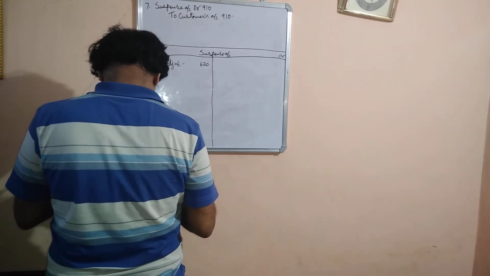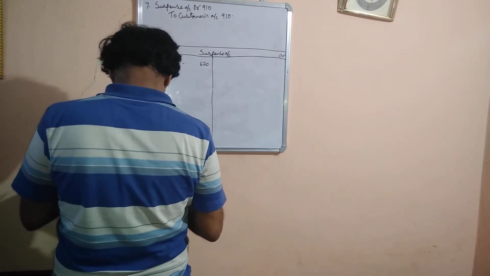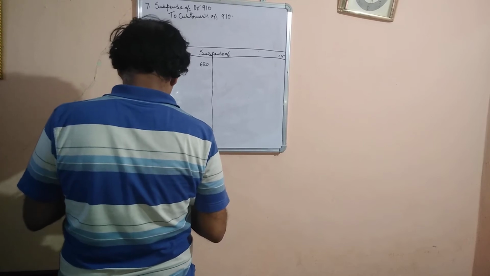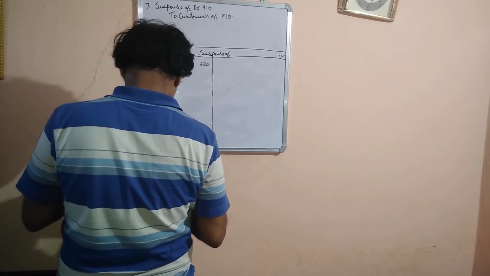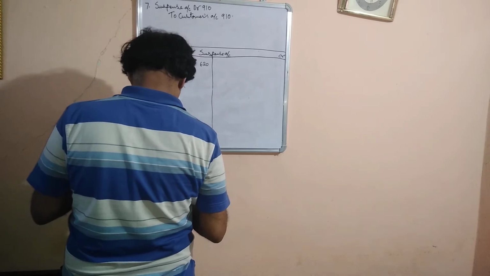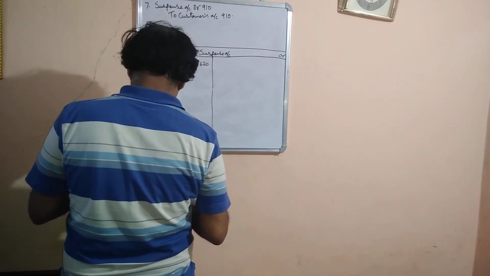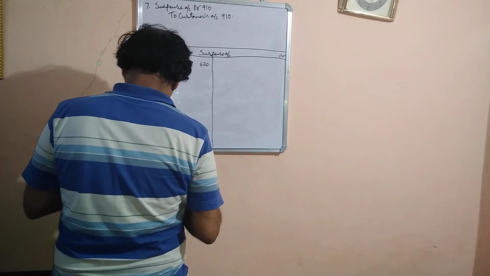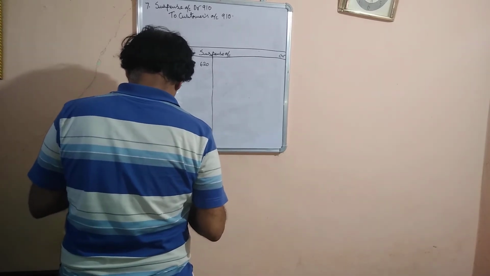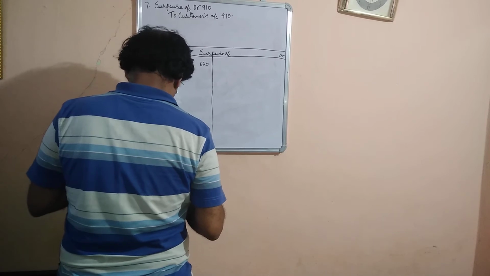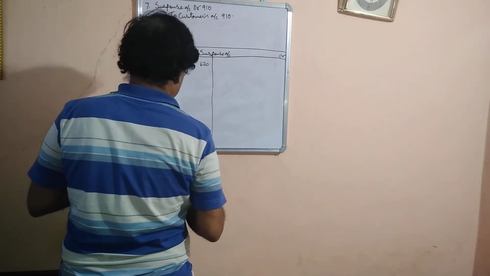Next, the fourth entry, suspense account debit to profit and loss adjustment account, 180.